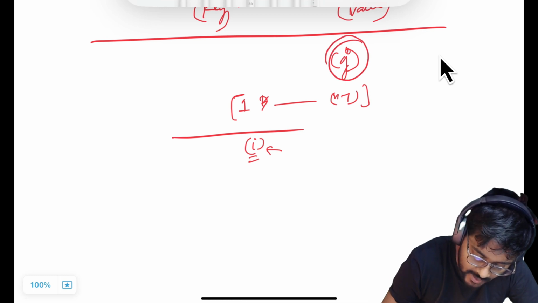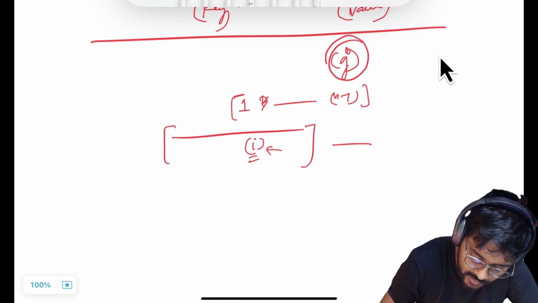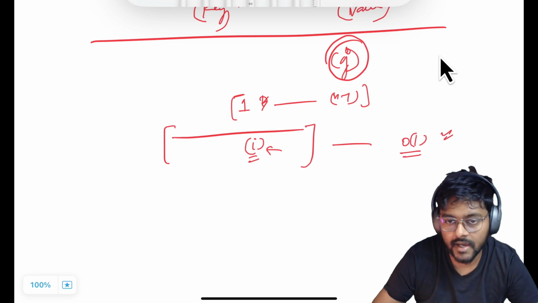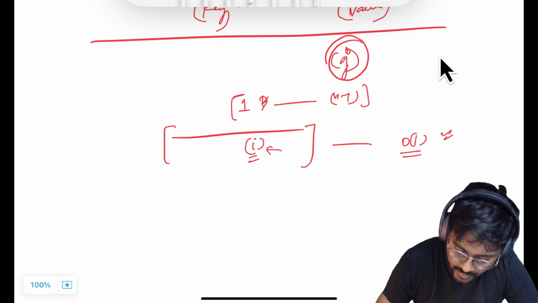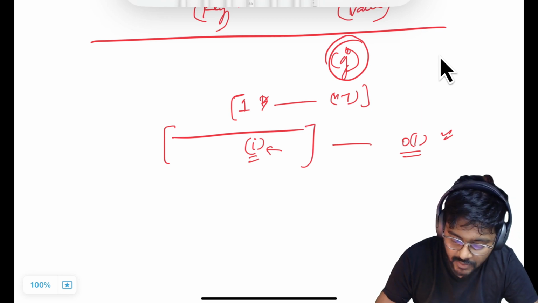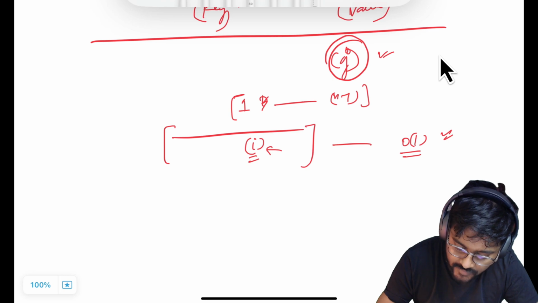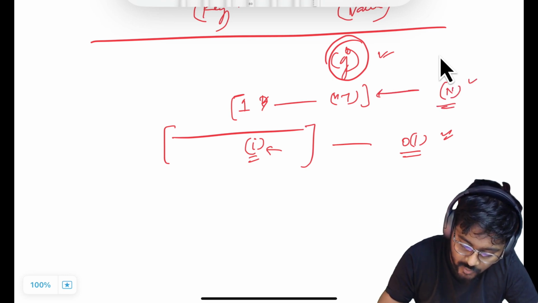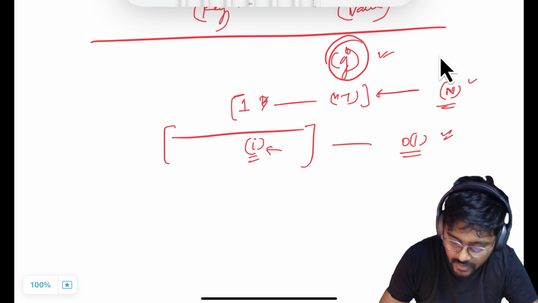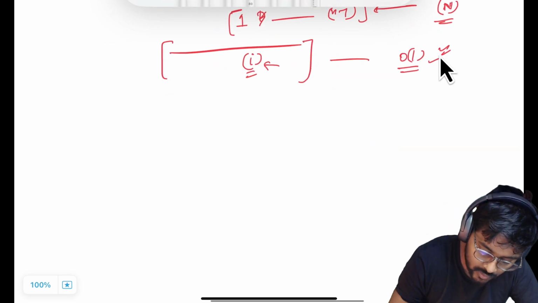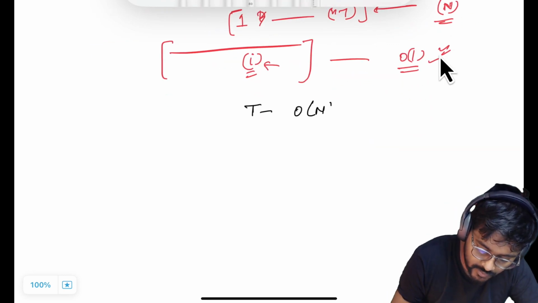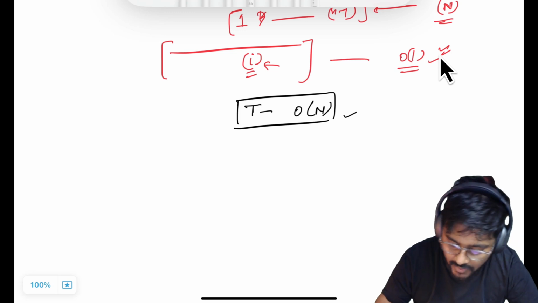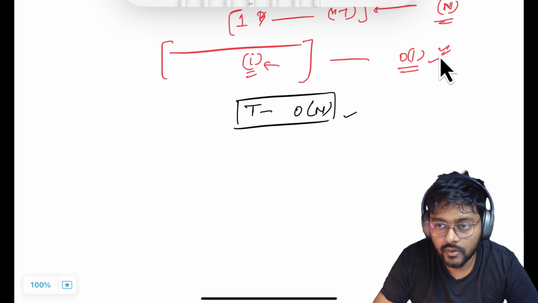For every j, I will be able to get this value in constant time because I am utilizing a hash map data structure. So if I am able to get the maximum value of nums of i for every nums of j, and j will go from 1 to n, it is going n times. N possibilities of j we are having, and for every one we are going to get the value of nums i in constant time. So overall the time complexity will be reduced to order of n in this case. Now you may wonder what is going to be the time complexity for finding the digit sum.